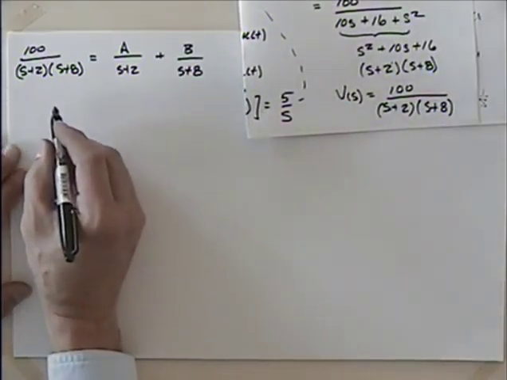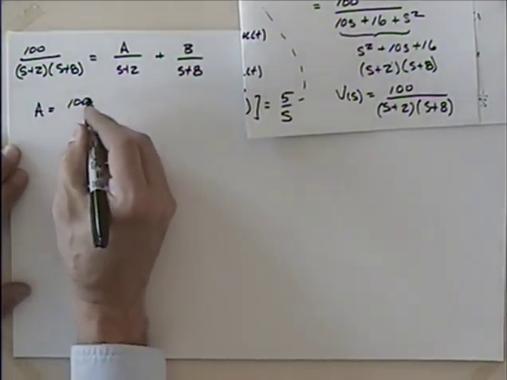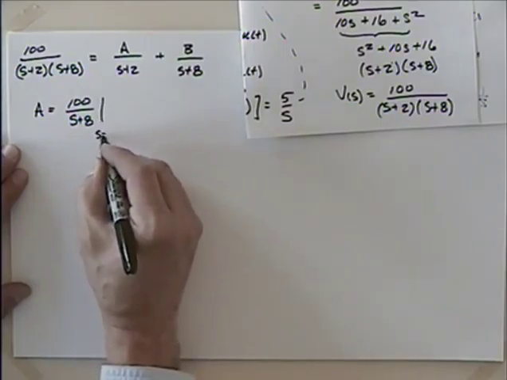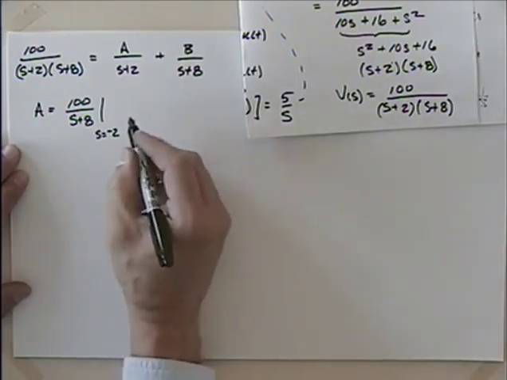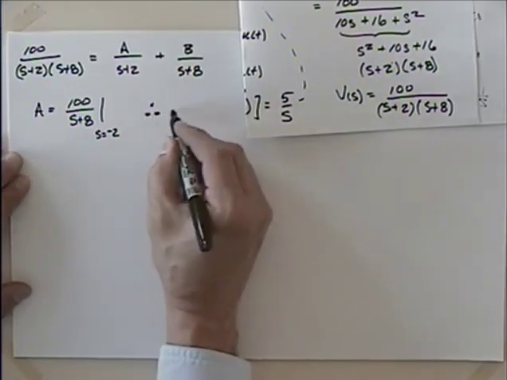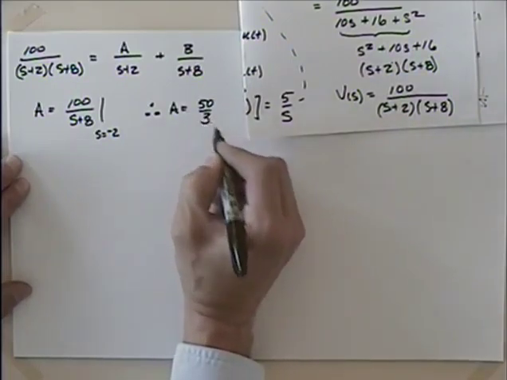So in solving that, I would say that A would be equal to what? 100 divided by S plus 8 evaluated at S equals minus 2. So A turns out to be equal to 50 over 3.